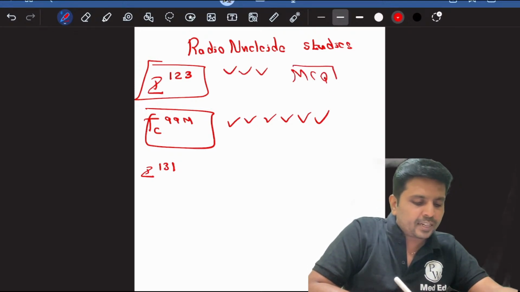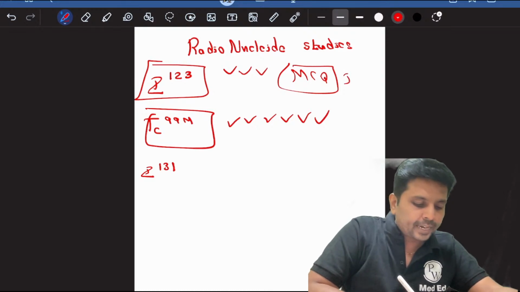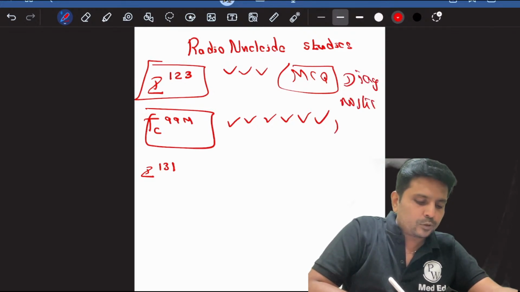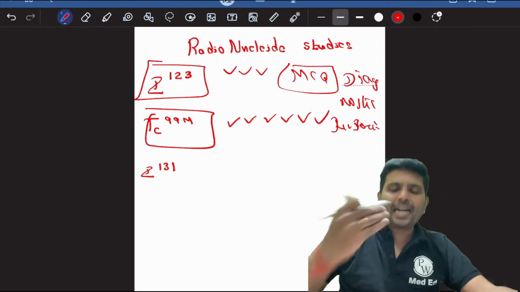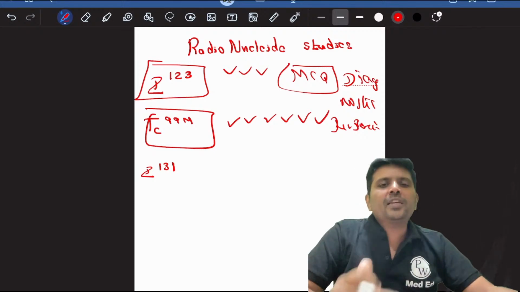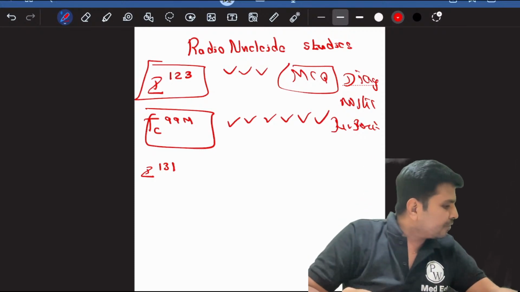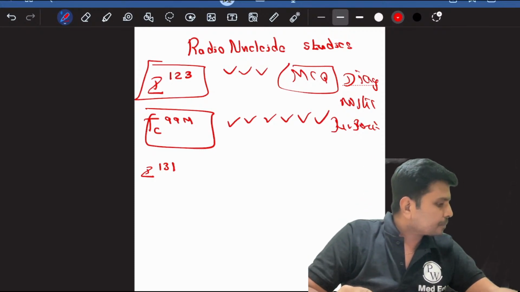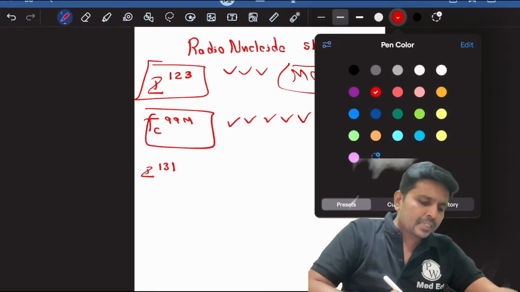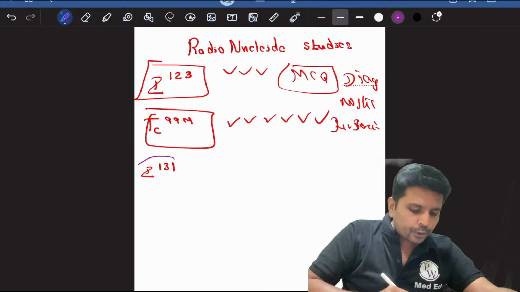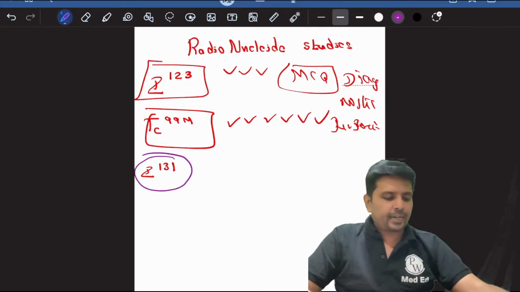Iodine 123 is also used for diagnostic purpose. So to find out the function of the thyroid, two things we use. One is iodine 123 and another is the technetium scan.